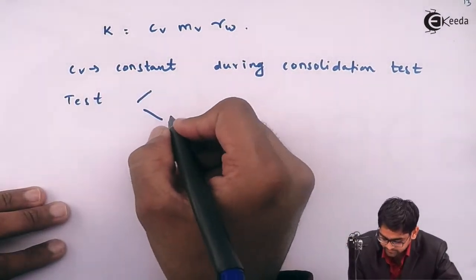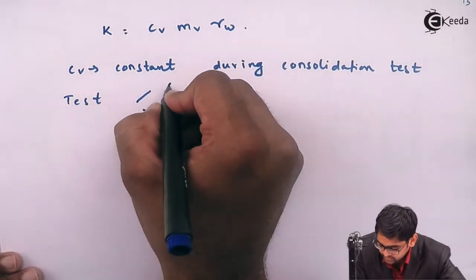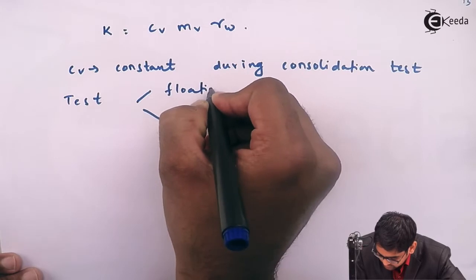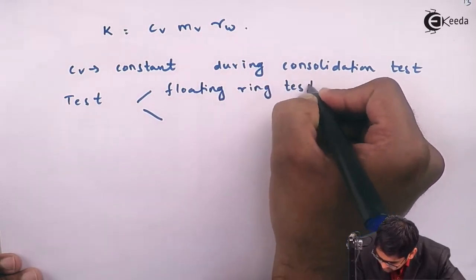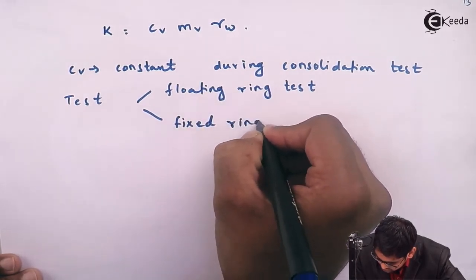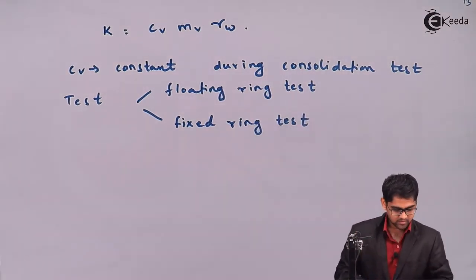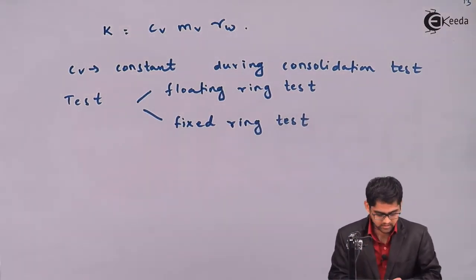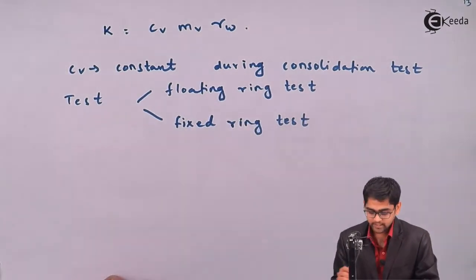One is a floating ring test and another one is a fixed ring test. The difference between the floating and fixed ring test is as follows.